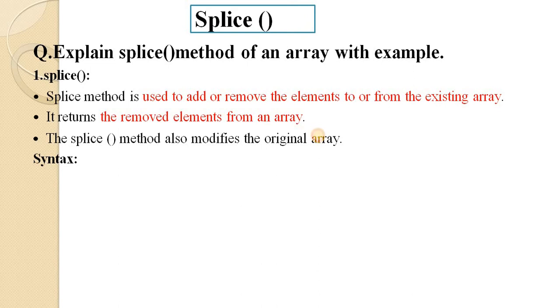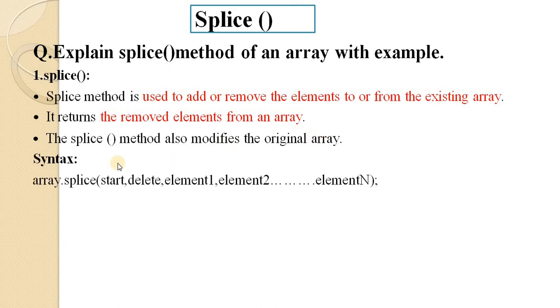The syntax of the splice method is: array object dot splice, and in the parentheses start comma delete comma element 1, element 2 up to element n, which we can add.